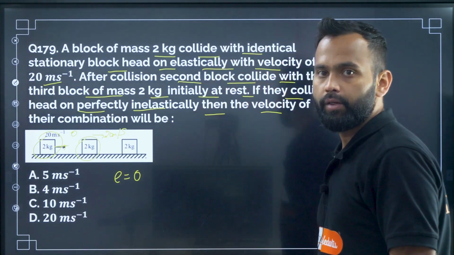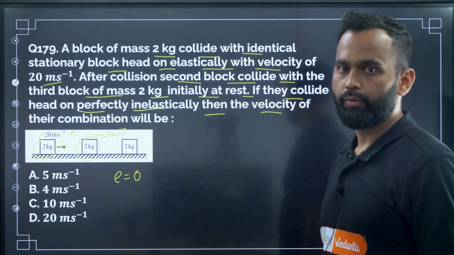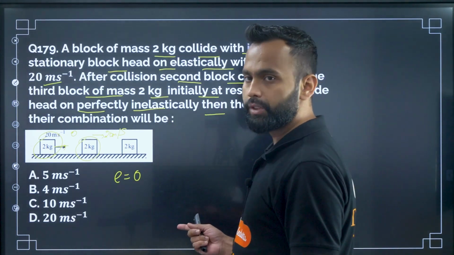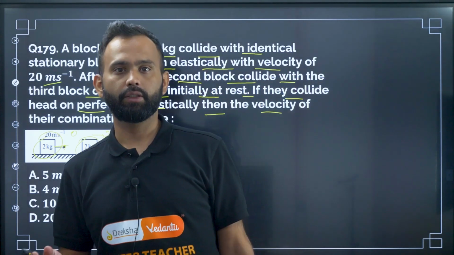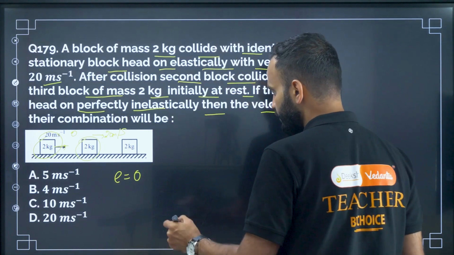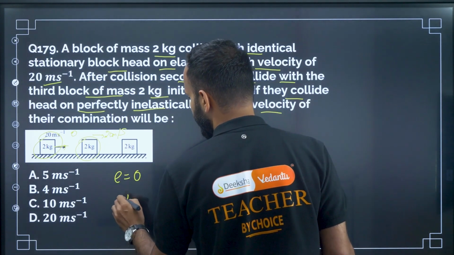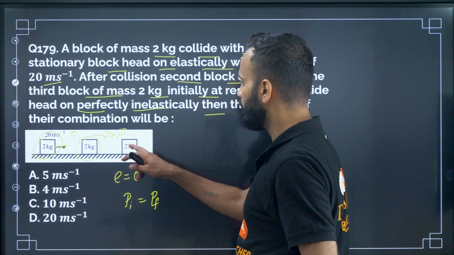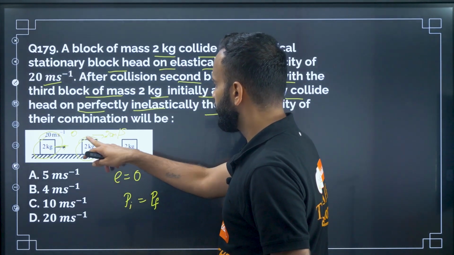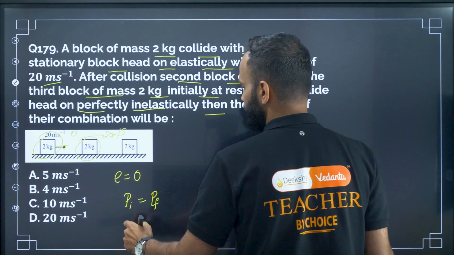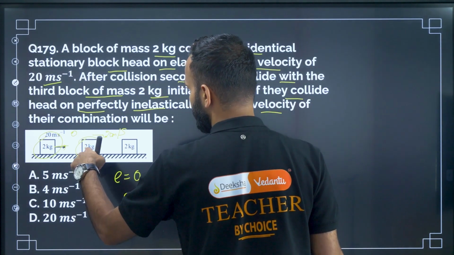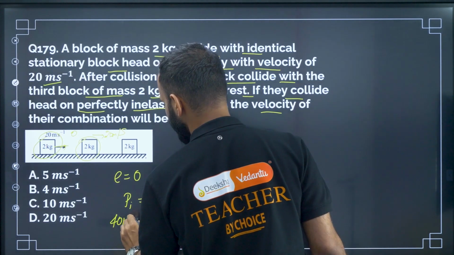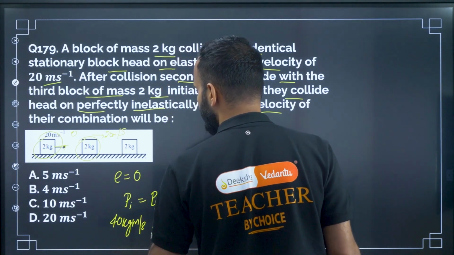Here we can conserve the momentum, because there is no external force acting on our system. In inelastic collision, we can conserve the momentum, but we cannot conserve the energy. Now apply the conservation of momentum. Initial momentum is equal to final momentum. Initial momentum is momentum of this block plus momentum of this block. The momentum of this block is 0, and the initial momentum of this block is 2 into 20, 40 kg meter per second, equal to final momentum.